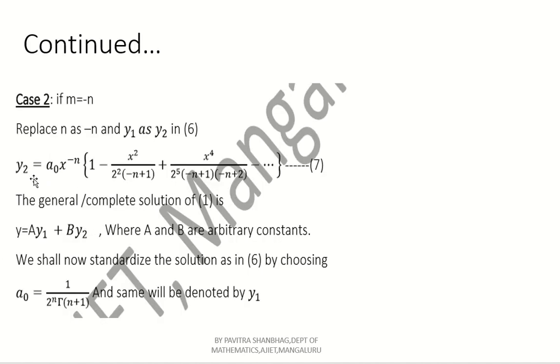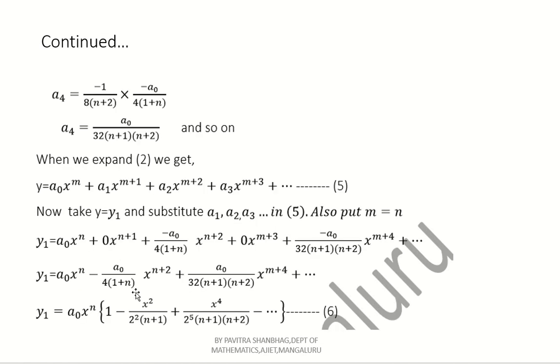Now, in y2, a naught x power minus n is common, and a1, a3, a5 are 0. Only the terms containing even powers remain: x power 0, x square, x power 4 and so on. When we replace m equal to minus n, what will be the change in this expression? In the denominator we get 1 minus n here, also 32 into 1 minus n, here 2 minus n and so on.